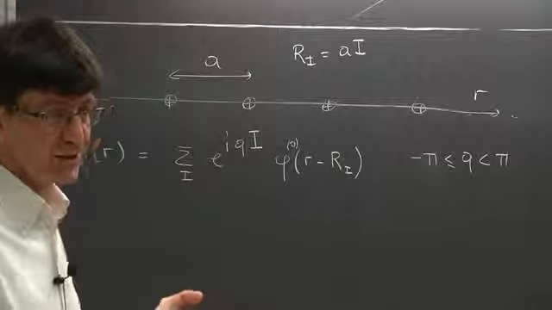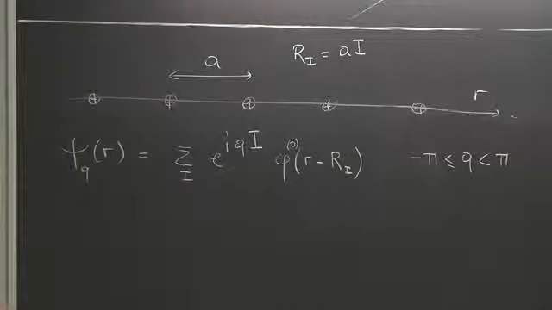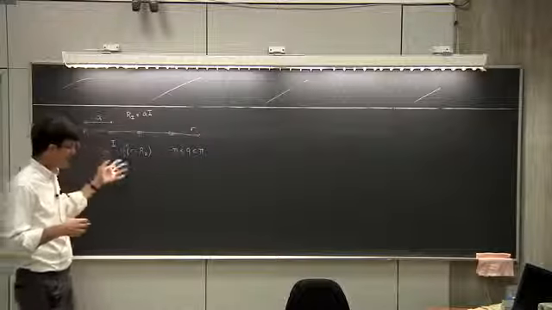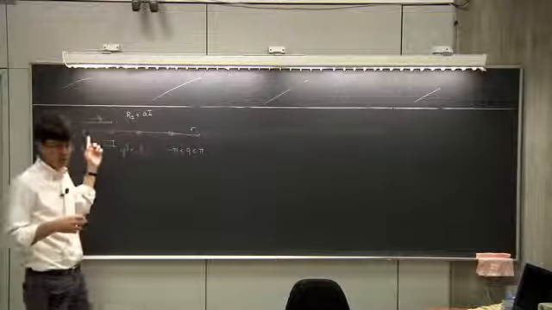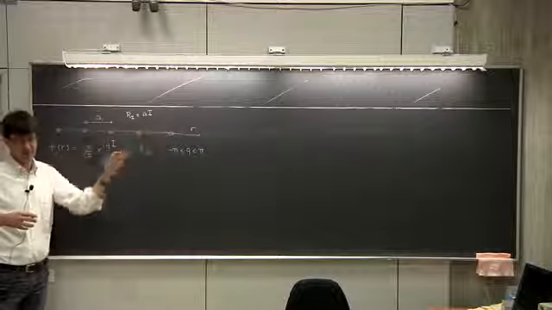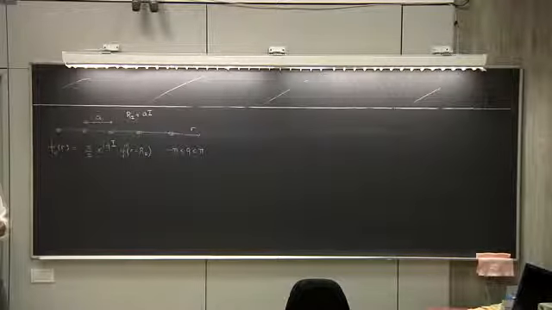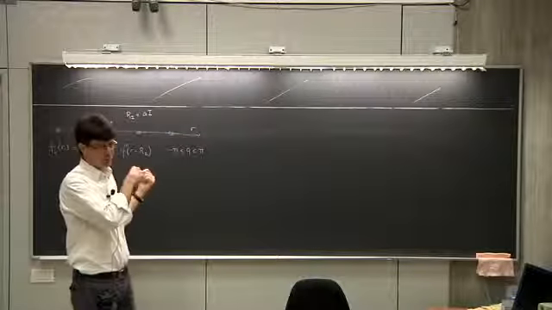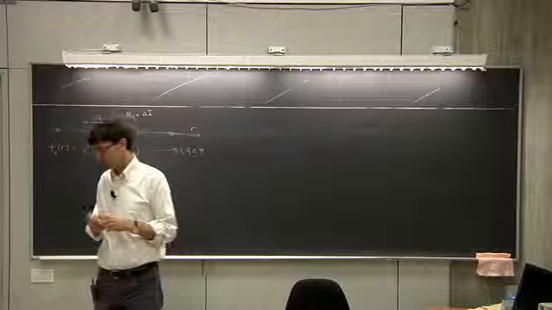You may, of course, wish to solve the problem of an arbitrary arrangement of atoms. Well, this is not going to be easy to do. So the theory we are going to develop works only if we can assume translational periodicity, translational symmetry.